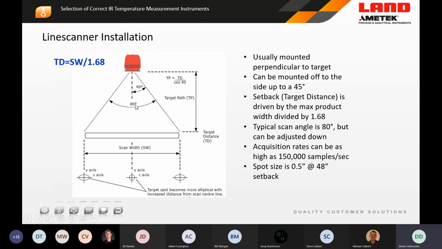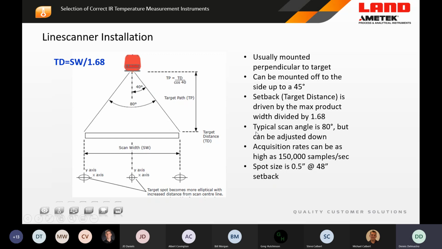Now this angle is 80 degrees, but it can be adjusted. So if somebody has to go up, let's say 15 foot up, we can adjust this angle so that we can at least view the maximum width of whatever product you're measuring the temperature of.